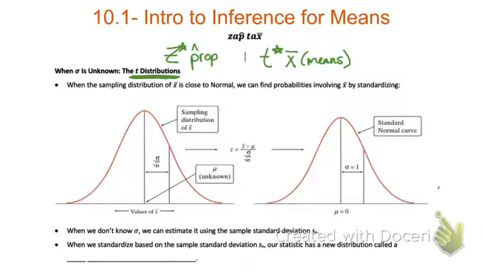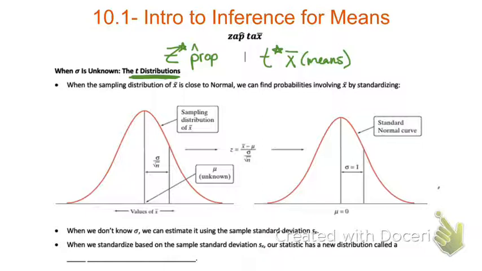When we're doing means, not only do we have to estimate mu with an x bar, that's one level of variation in our estimation, but we also have to estimate the standard deviation with an S sub x. So we have two levels of variability happening here. So I can't use my standard normal curve that is pretty nice and tight around that center.